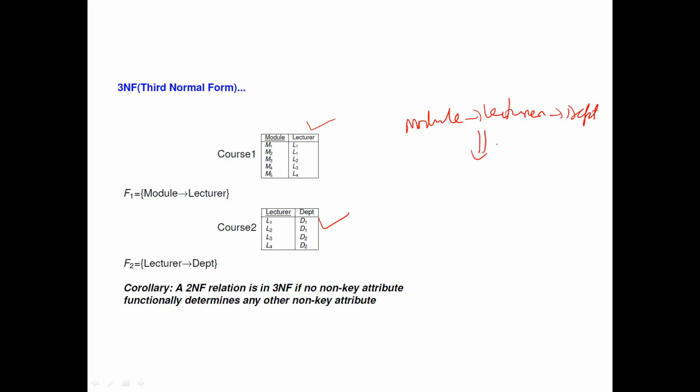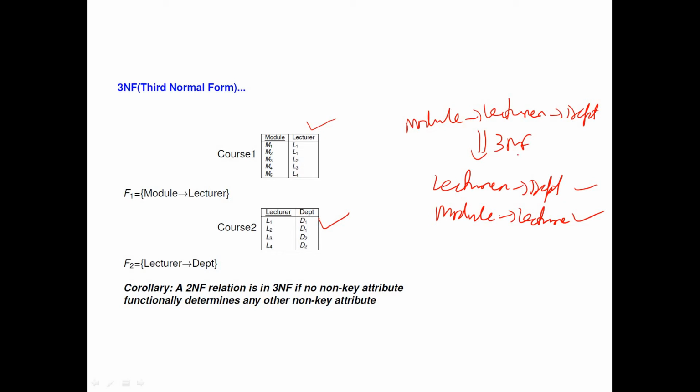But if I go for the 3NF decomposition, I'll get lecturer to the department and module to the lecturer. So I can find there are two tables, right? So transitive functional dependency is resolved here, right?